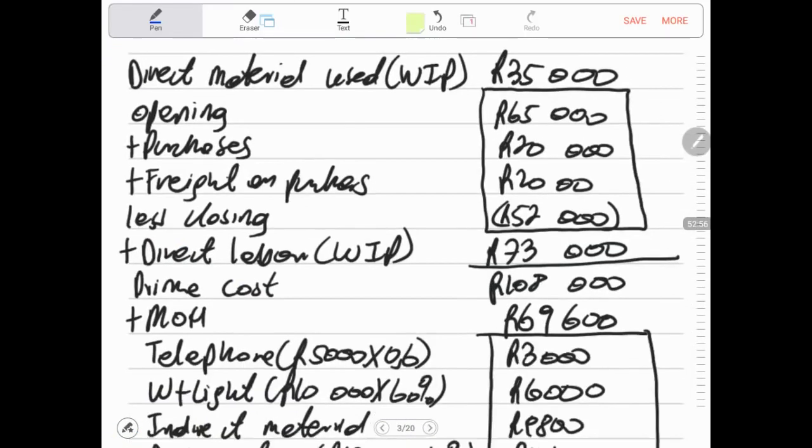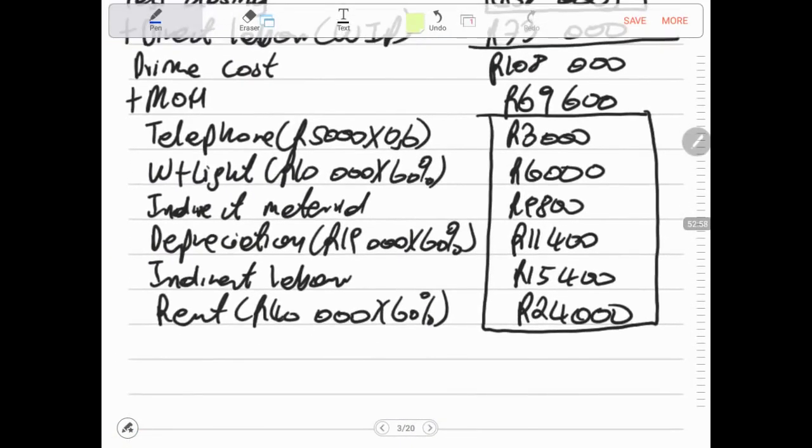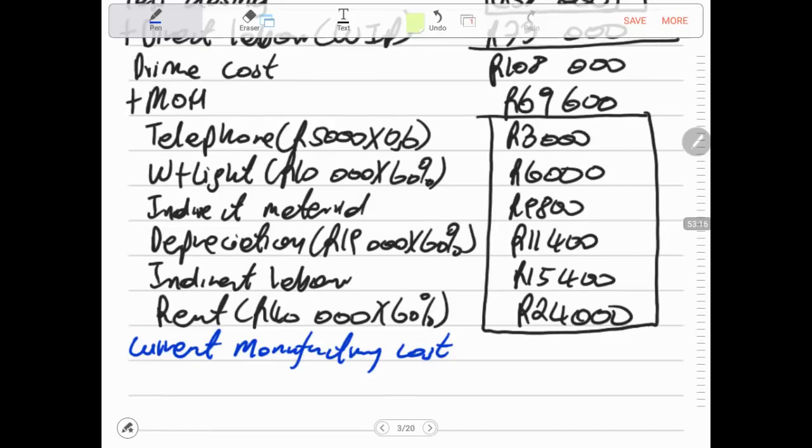I need to prove it from my statement. In my statement, don't forget that we will have current manufacturing cost, meaning manufacturing cost for the current year only. I'm focusing on the current year.